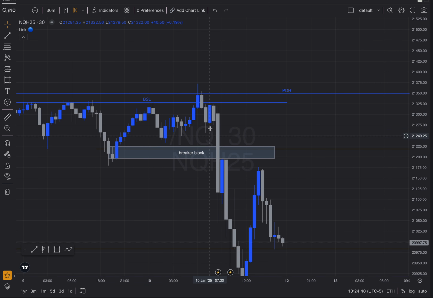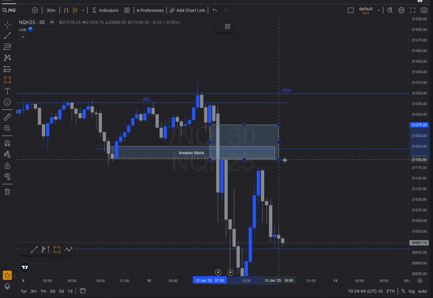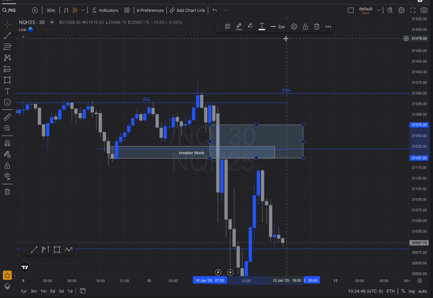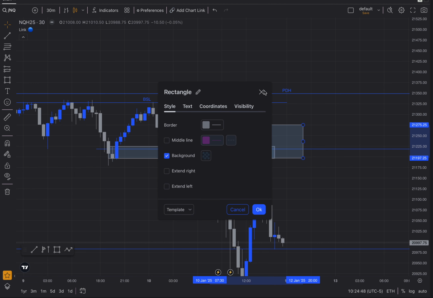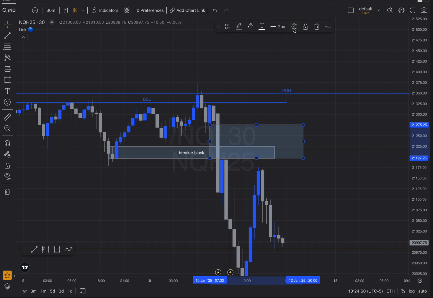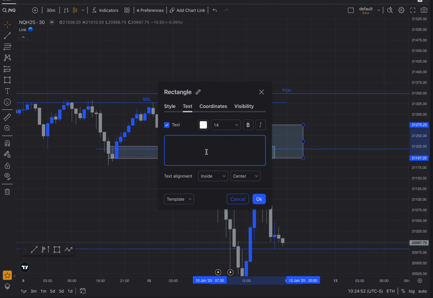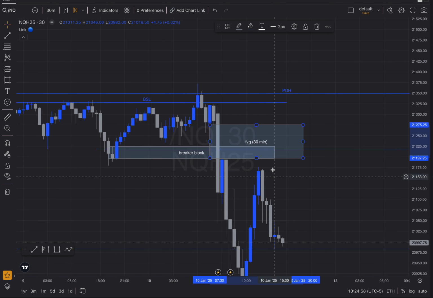And you also have this fair value gap overlapping on the 30-minute as well. So that is more indication that my setup is there. So fair value gap, 30-minute. Okay, and this is what you would call a SIBI.